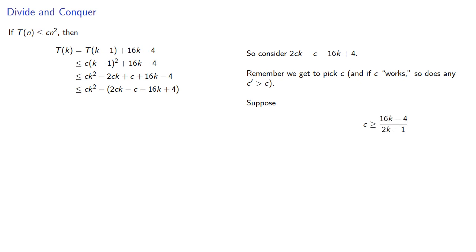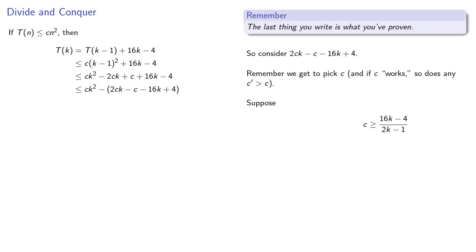And you might be wondering where this expression came from, and perhaps more importantly, how mere mortals can come up with it. And the answer is, remember, the last thing you write is what you've proven. We want this expression to be greater than or equal to 0. So let's start where we want to end up. Remember, the last thing you write is what you've actually proven.